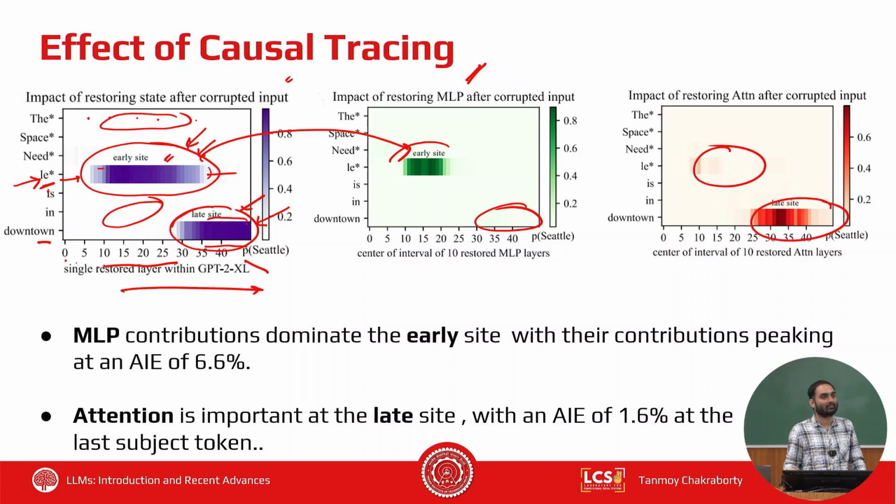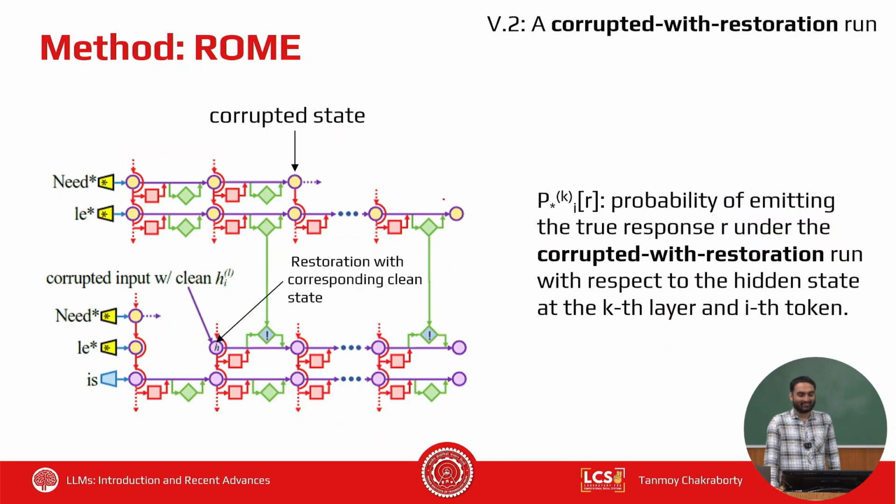Right? What does it mean? It means that these middle layer multilayer perceptrons are storing knowledge. So they are the culprit or important components. Let's target them. So this is the first observation. Based on this observation, it is still not very clear.